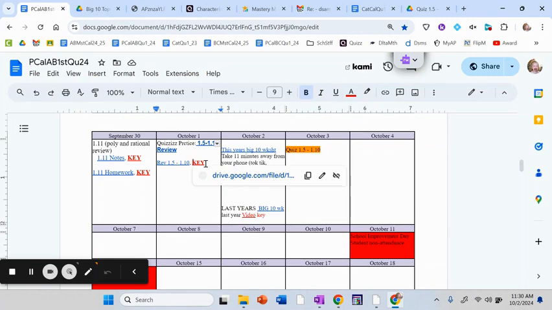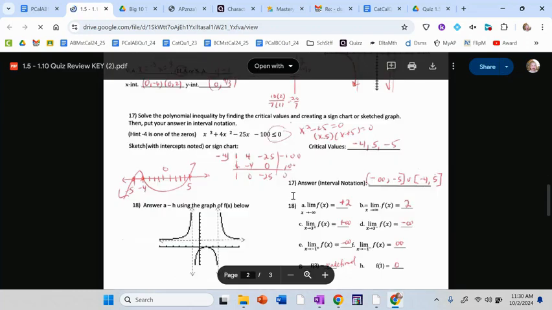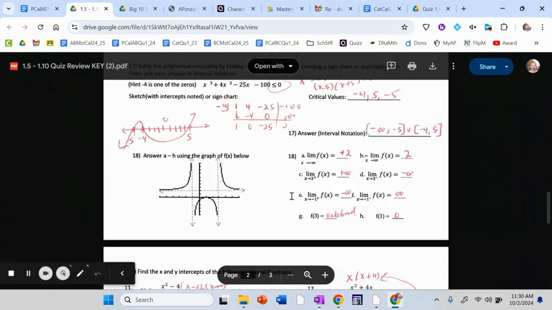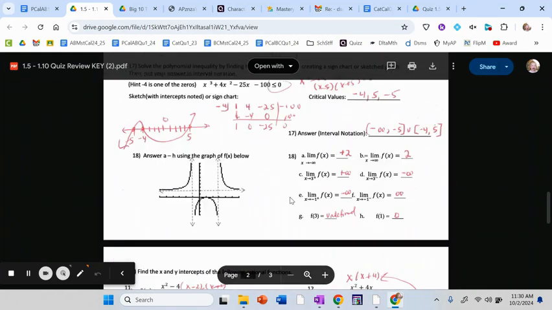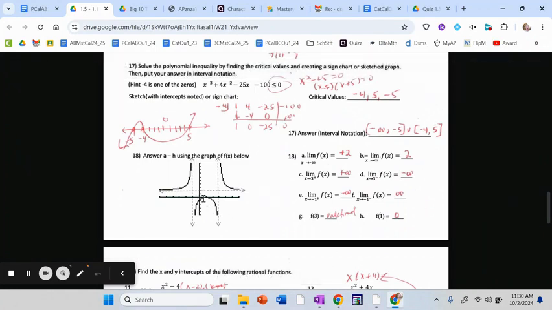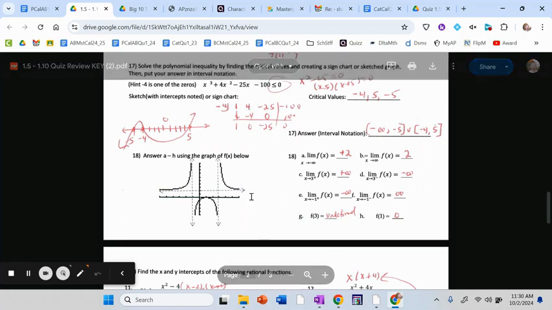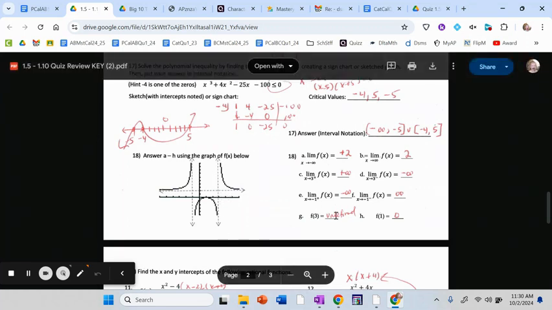Here's this key right here. Input, output. I really think we should know how to do this one right off the bat. Number 18. Uh-oh, maybe this is out of order. But right here, input, output, f of 1. What's f of 1? 1 comma 0. What's f of 3? Well, that's a vertical asymptote, so that's undefined. So that's why we'd have to put that there.